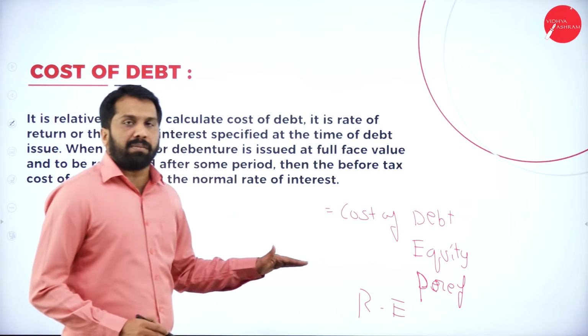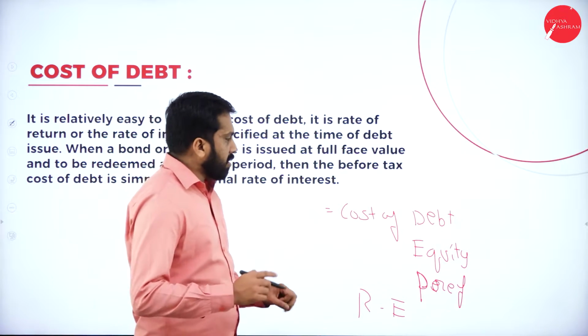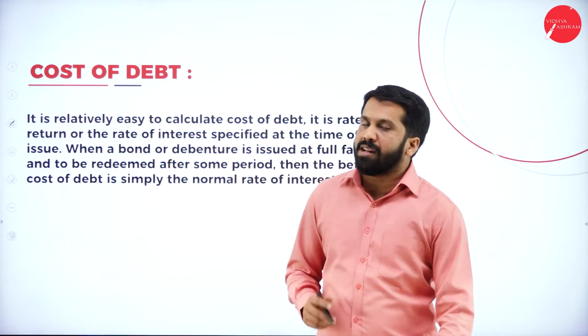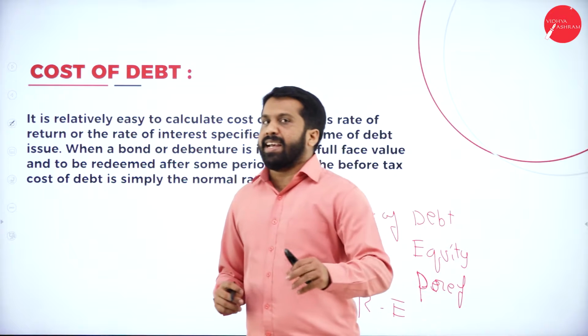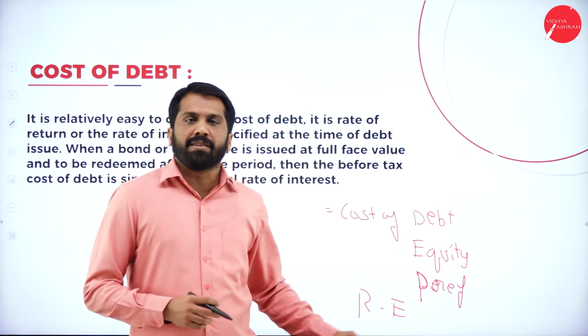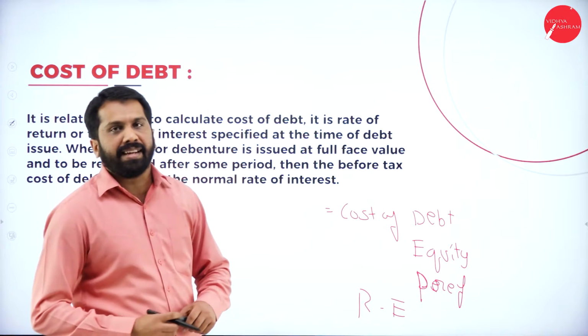I'll explain you one by one. Under the cost of capital topic, you will work out these four: cost of debt, cost of equity, cost of preferences, and the last one, cost of retained earning. Retained earning, normally, is free of cost. I'll explain what retained earning is at a later stage.